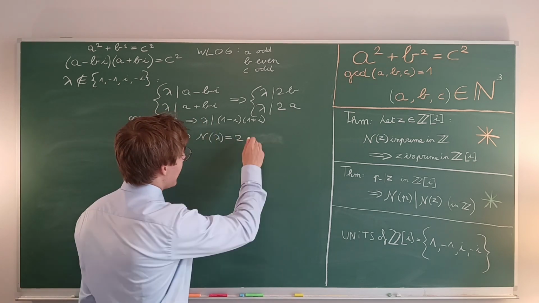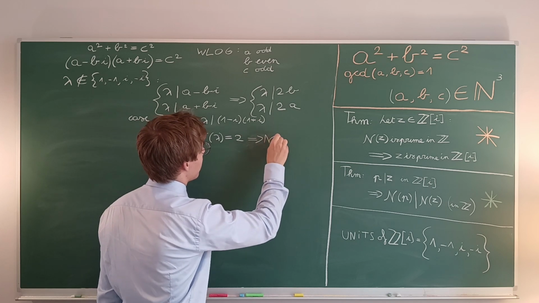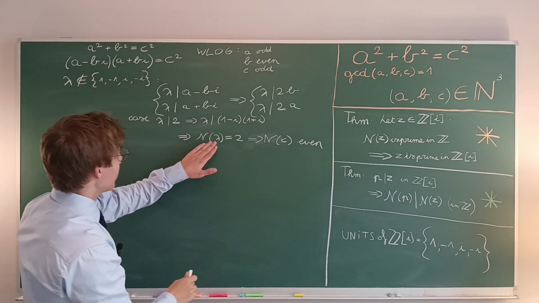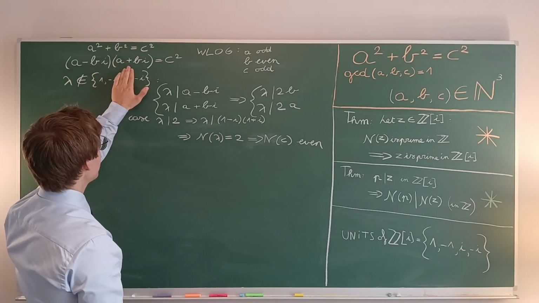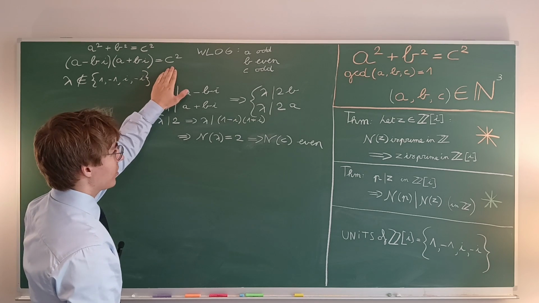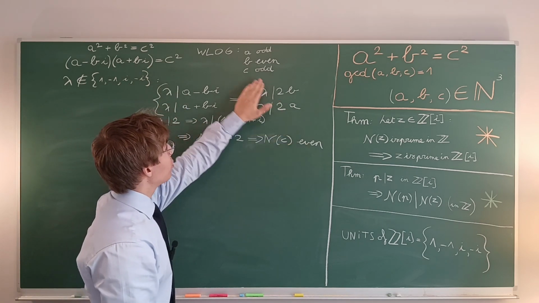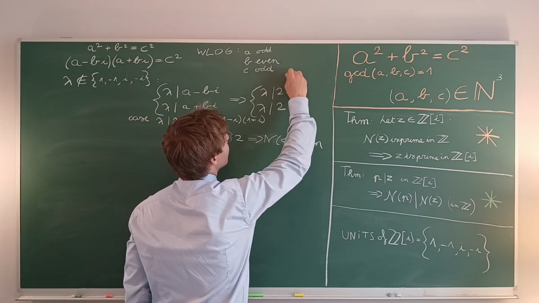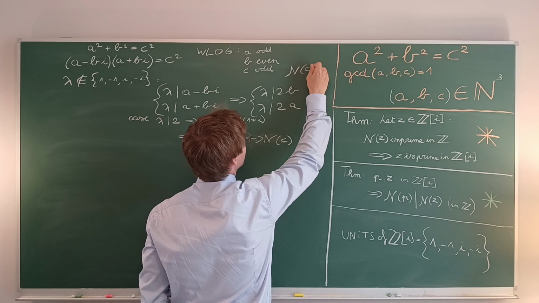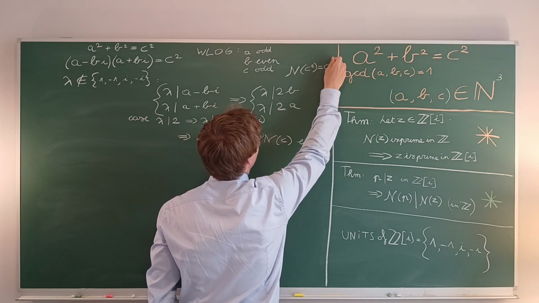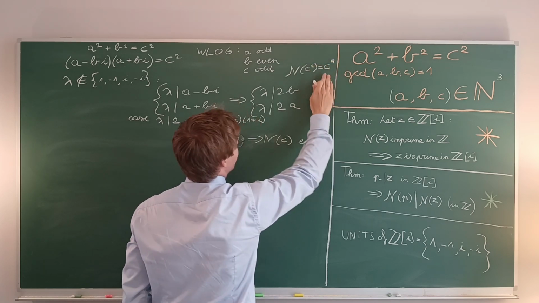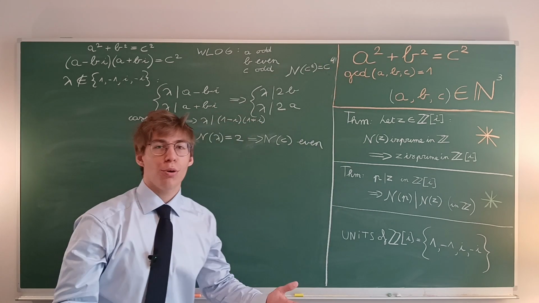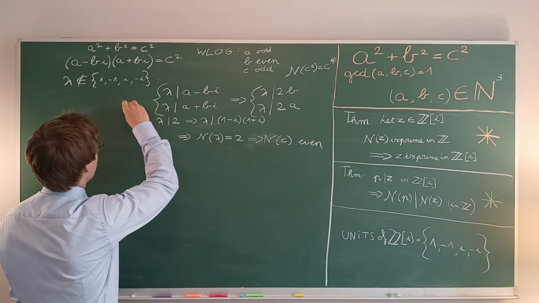But that would mean that the norm of c would be even. Since lambda is a factor of this and this, it also has to factor c squared. So that means the norm of c is even. But we know that c is odd, so this norm will be odd, because the norm of c squared would be c to the power of 4. And if c is odd, then c to the power of 4 is also odd. So this case is not possible.